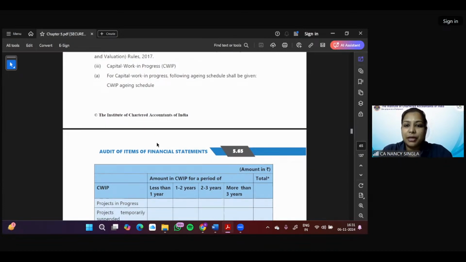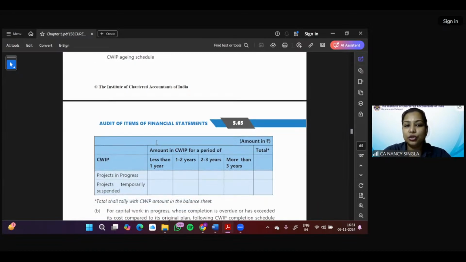So this is with respect to the property, plant and equipment. The company is itself required to give in the notes what amount is blocked basically in the capital work in progress. So there are two clauses. One is with respect to capital work in progress aging schedule, that is for how long the amount has been there as CWIP.